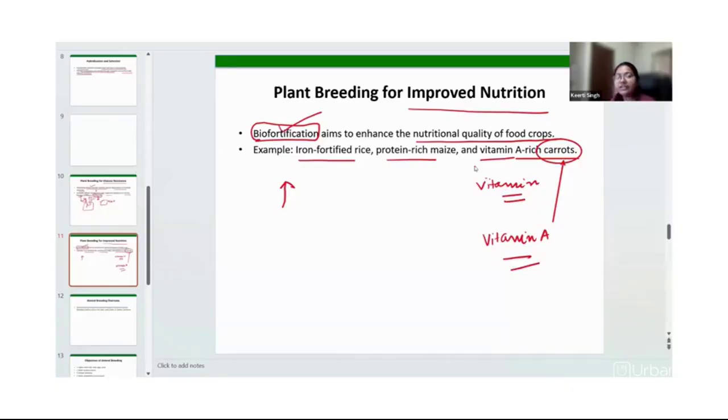Okay. So this is all about plant breeding. It depends what kind of plant we want. What is the aim of our experiment, right? Depending upon that, we will choose our genetic variability. We will take into account the type of plants we want, what kind of screening methods we will use, how we will hybridize.